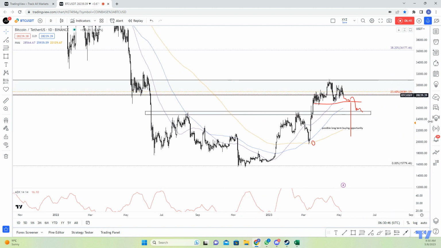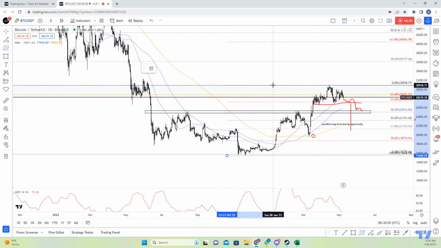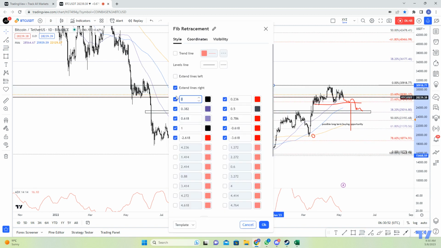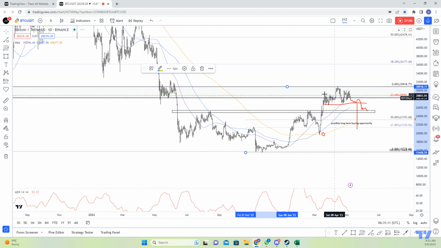But if we break lower, I obviously am not going to take it. So we have to be very, very patient. So yeah, around the 50 and 61% is what I'm looking for as possible long-term opportunities.